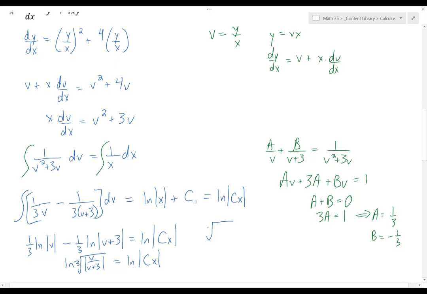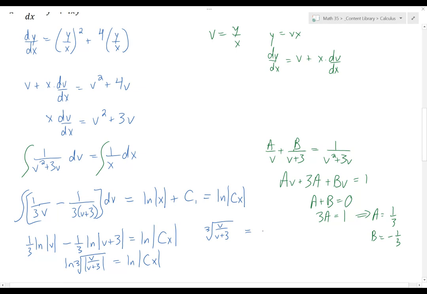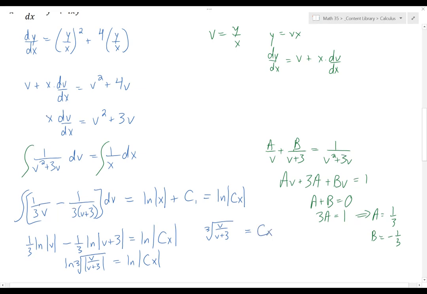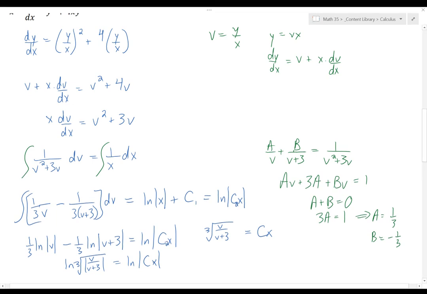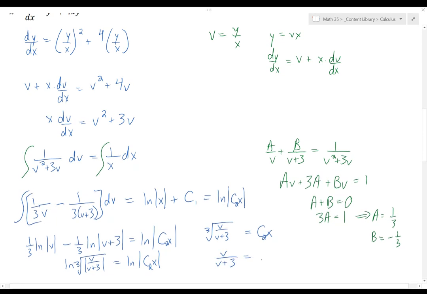So I've got the cubed root of v over v plus 3 equals cx. I'm going to also drop the absolute values at this stage because that's a nuance I talked about before that we're not going to really focus on too much. Actually, I'm going to call that a C2 because when I cube this, I'm going to just make it a different constant. So I've got v over v plus 3 equals some new constant x cubed.